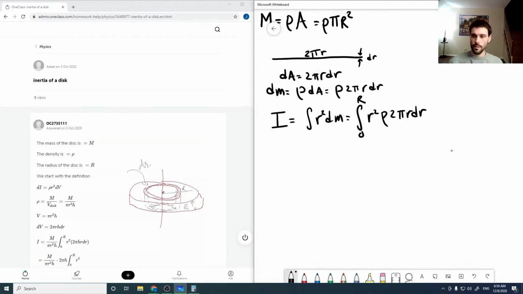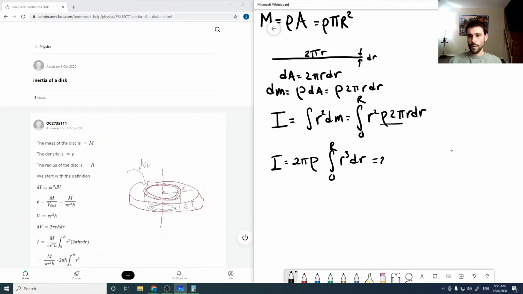And we can bring out the constant terms, so 2 pi rho, and then the integral from 0 to r of r cubed dr. So the integral of r cubed, with a power, you always put up the power by 1 and divide by the value.